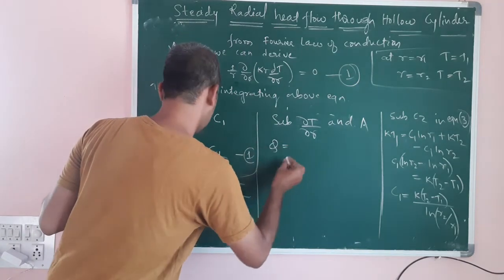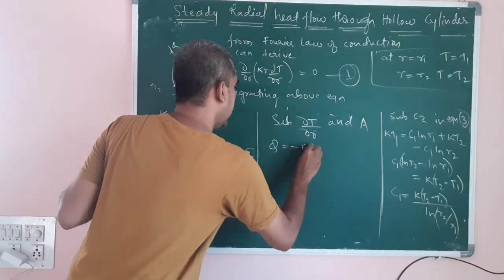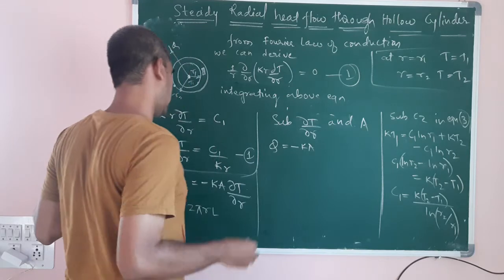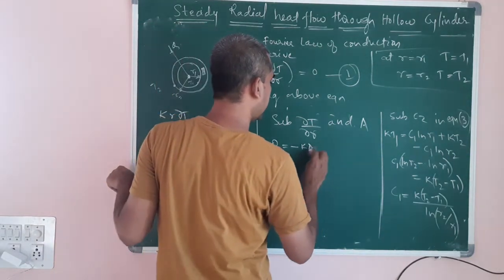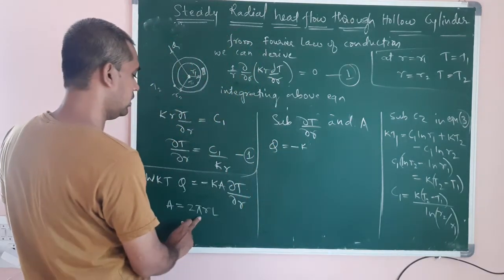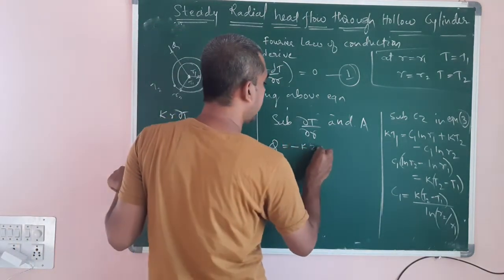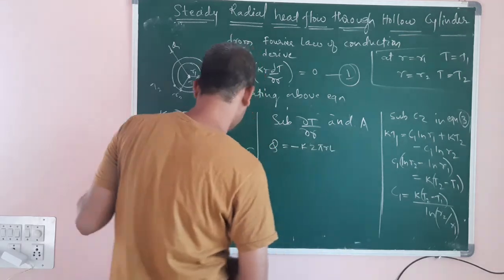Therefore, Q is equal to minus K A dou T by dou R. Dou T by dou R is equal to C1 divided by K r. A means what? A is equal to 2 pi R into L.